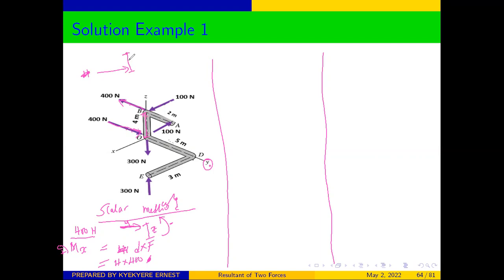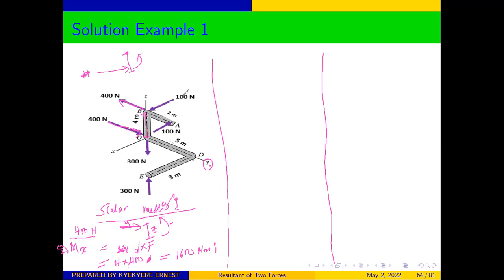Let's take it that this side is fixed. When you apply a force, it's going to rotate the object in this direction, which means it's going to be in the anti-clockwise direction. Therefore, our moment here is going to be positive, which gives us 1,600 Newton meter. We said that the moment will be in the x-axis, so this will give us i.